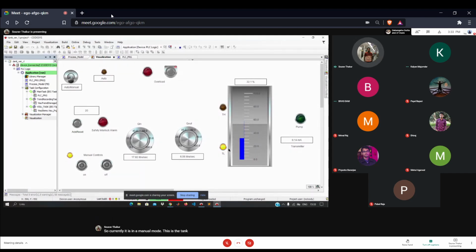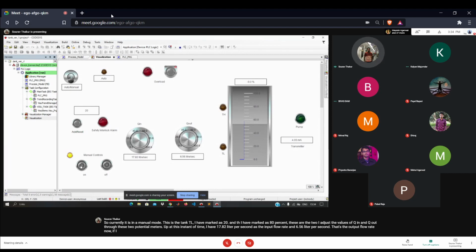TL I have marked as 20 and TH I have marked as 80%. I adjust the values of Q in and Q out through these two potentiometers. So at this instant of time, I have 17.82 liters per second as the input flow rate and 6.56 liters per second as the output flow rate.